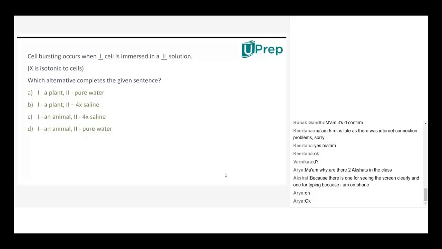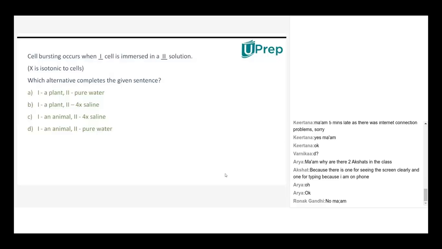So when an animal cell is kept in saline solution, it gets shrunk. And when an animal cell is kept in pure water, a hypotonic solution, the cell will swell and it will burst out. So the correct answer to this question is D. This question is there in your book, but I think I need to explain the explanation part.